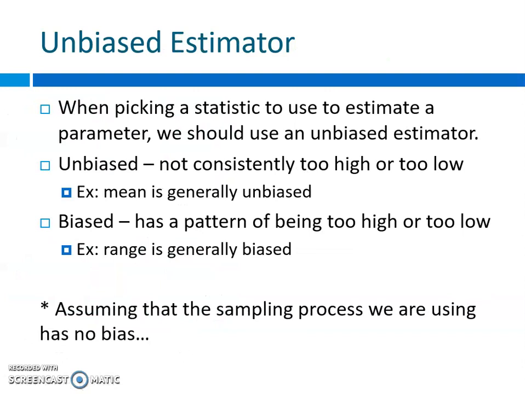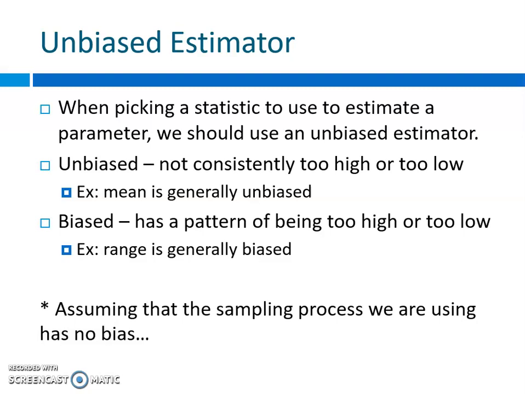When picking a statistic to use to estimate a parameter, we should use an unbiased estimator. Unbiased means it's not consistently too high or too low. Mean is generally unbiased. Now, biased has a pattern of being too high or too low. Range is generally biased.